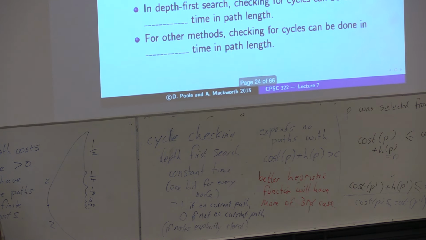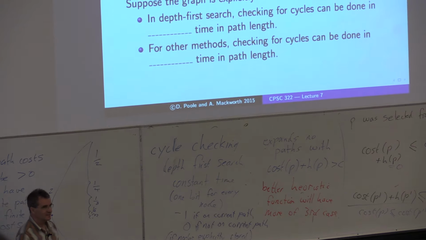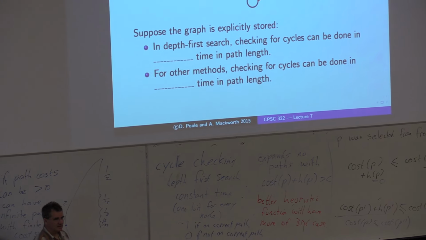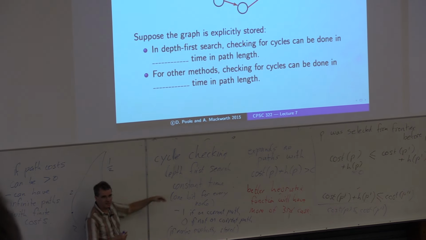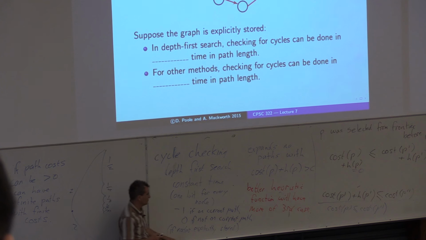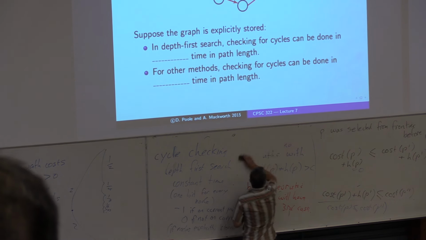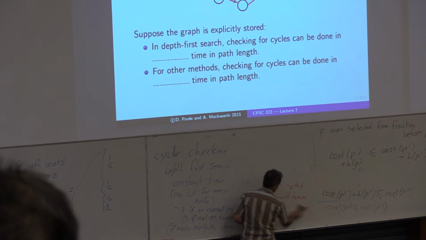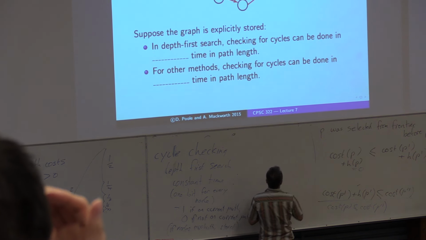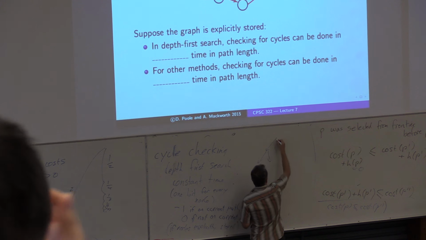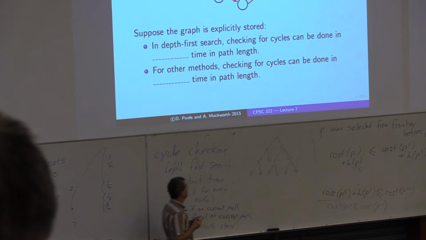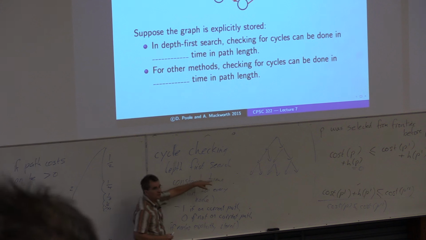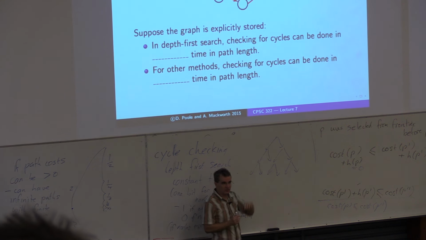All right. What about the other methods? It turns out this doesn't work for breadth first search or for A star, because there's not one current path. If you're maintaining multiple paths, cycle checking requires a linear search.